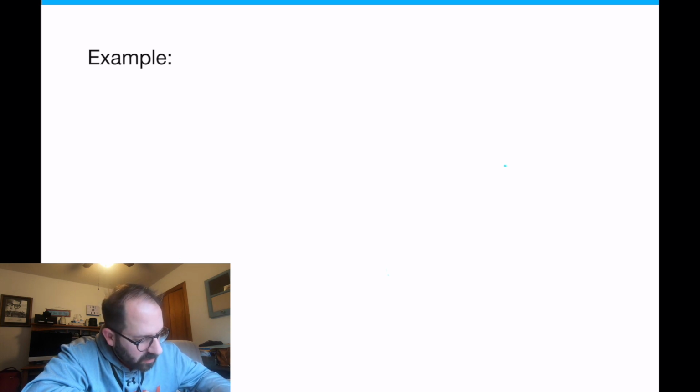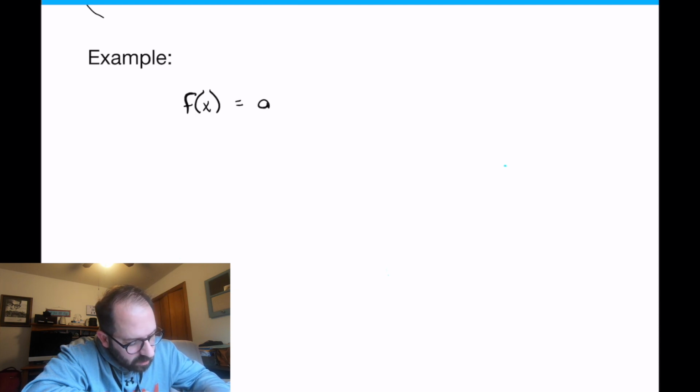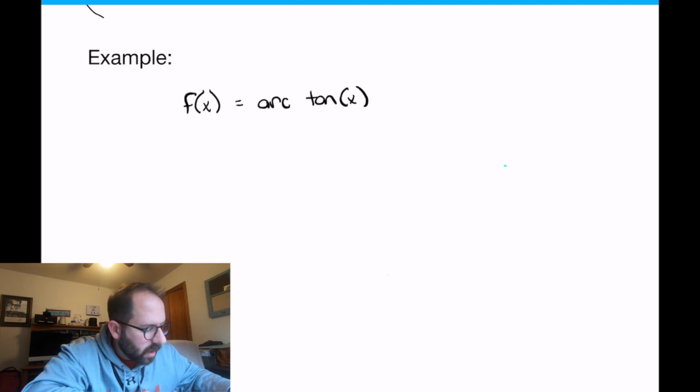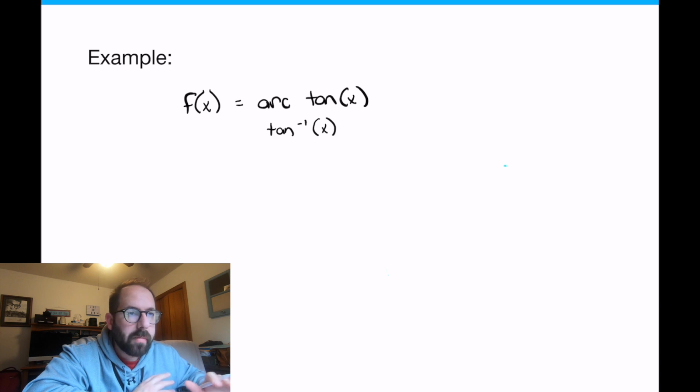So what we're going to talk about is my function will be the arctangent. That's arctangent, which is better known as this. That's what arctangent means. Now, if you don't remember what tangent to the little -1 stands for, it's an inverse function.